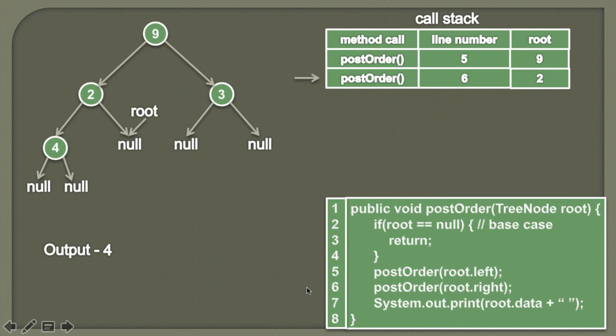So we'll start its execution from the line number 6. And we also know that when we had left this method, root was pointing to node 2. So here root is pointing to null. So now it will point to node 2. Moving ahead. And at the step 7, we'll simply print the data associated with the root, which is nothing but 2.